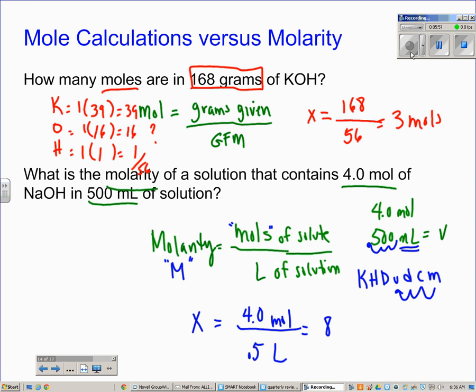Now your answer can be written with 2 different units. It can either be written as moles per liter, so 8 moles per liter, or you can say 8 capital M, molar solution, because molarity is a measure of concentration. Okay? There's one more type of mole problem that you should be familiar with.